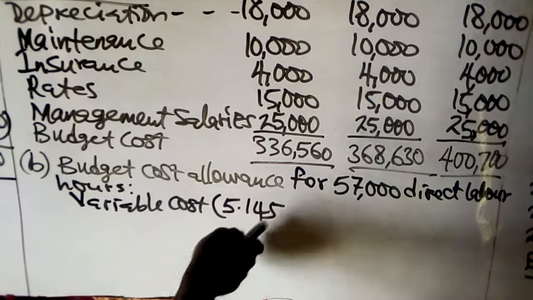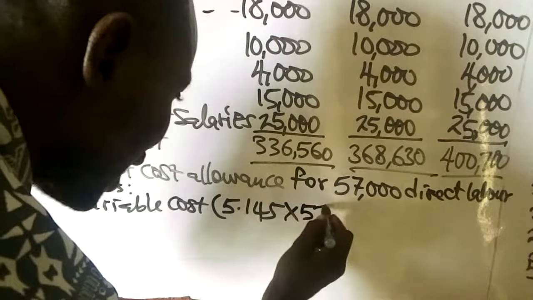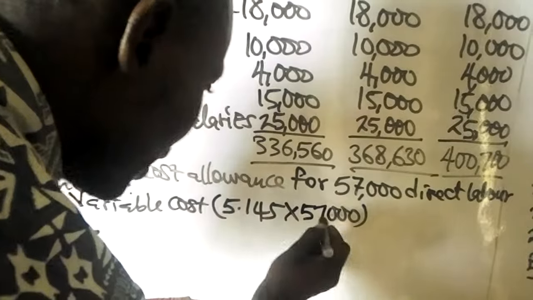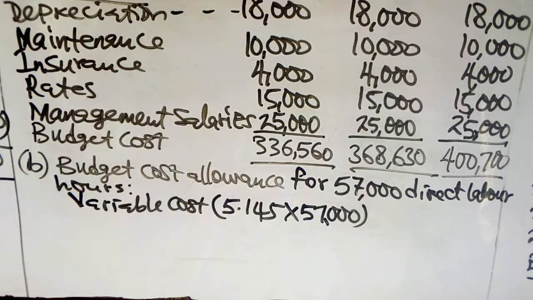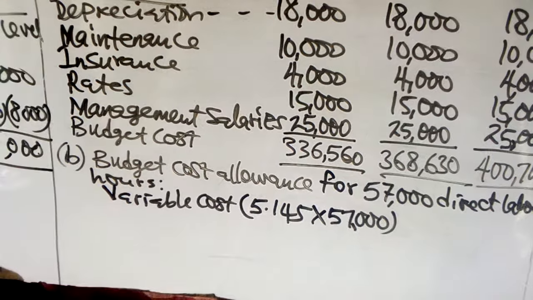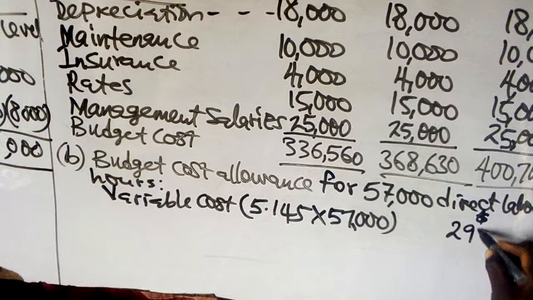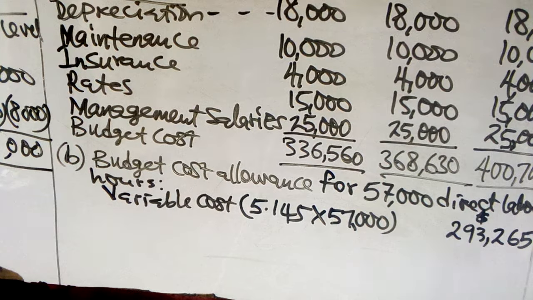That is how I got the 5.145, multiplied by the direct labor hours of 57,000 as given in the question. Then you have 293,265.